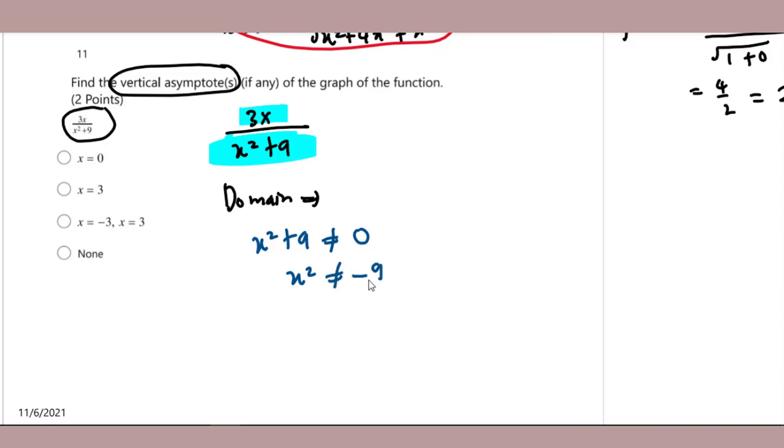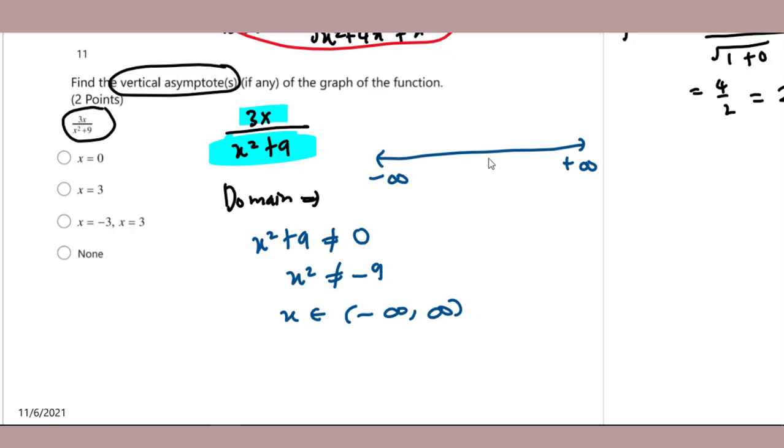This is a complex number, so actually x is a real number. Every single x is defined for the function. If you draw a number line from negative infinity to positive infinity, no x is excluded.